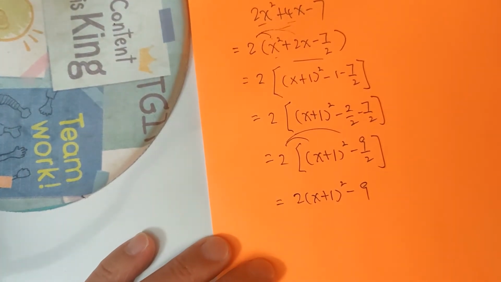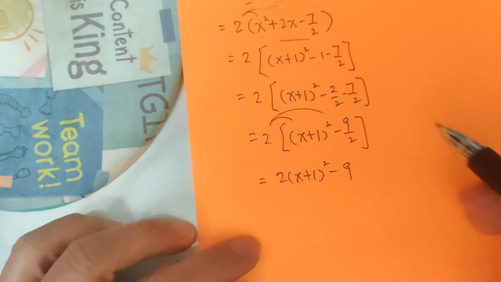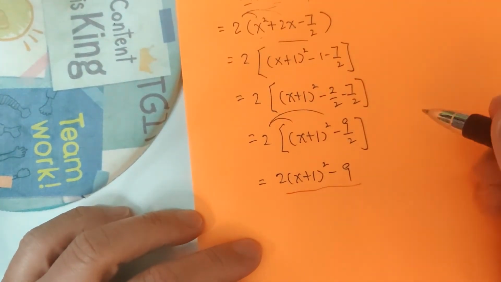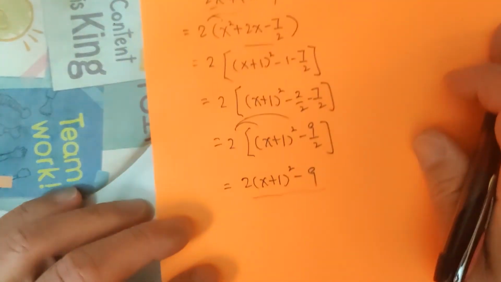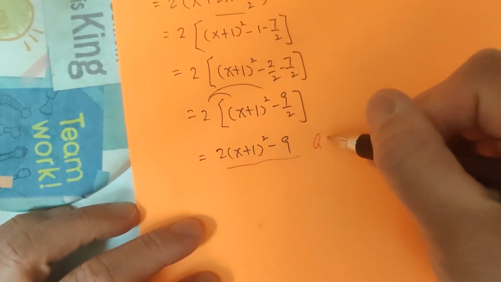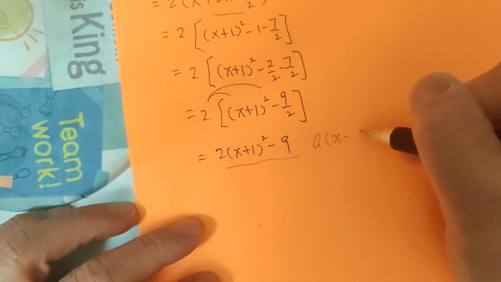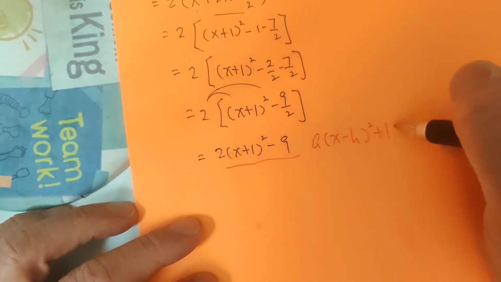Okay, and you can compare this with what we have before over here. I'm going to write it over here beside so that you can make a comparison. So compare it with a times (x minus h) squared plus k.